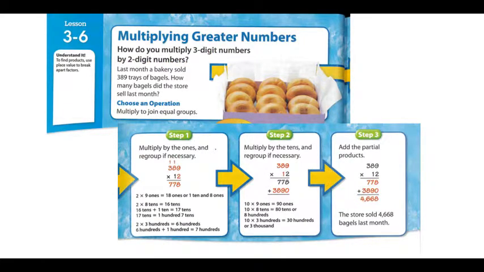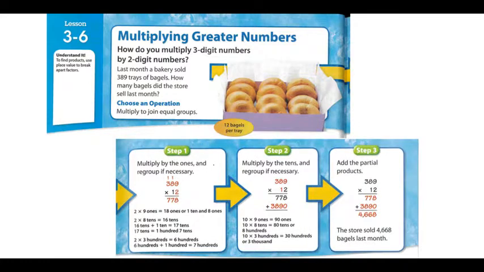Okay, let's look at the story problem. It says, last month a bakery sold 389 trays of bagels. How many bagels did the store sell last month? Okay, so I know the question here is, how many bagels did the store sell last month? And I'm going to square month because that could be important.